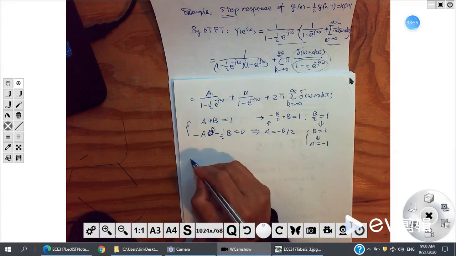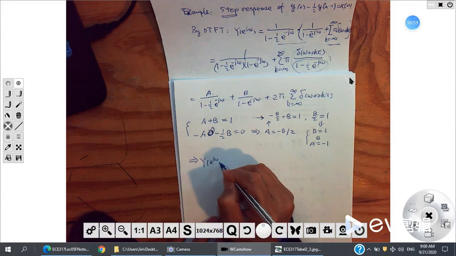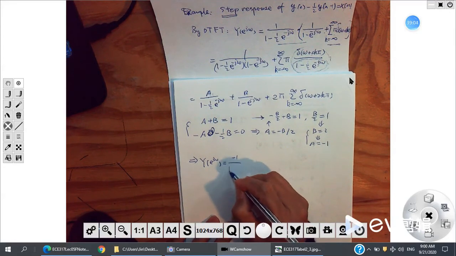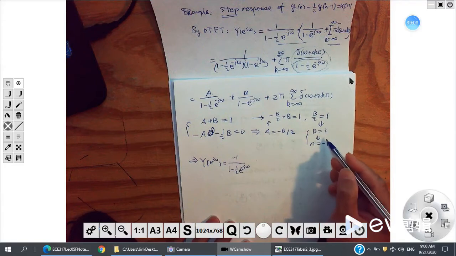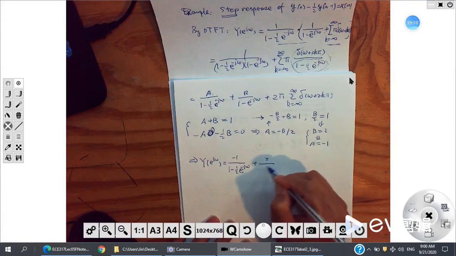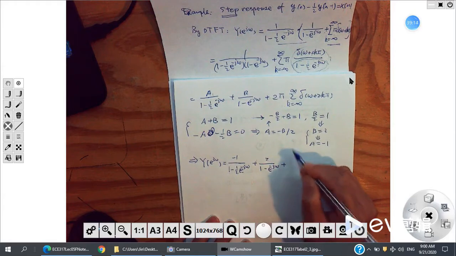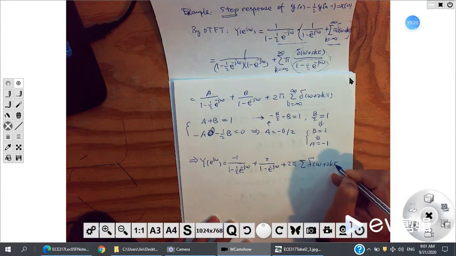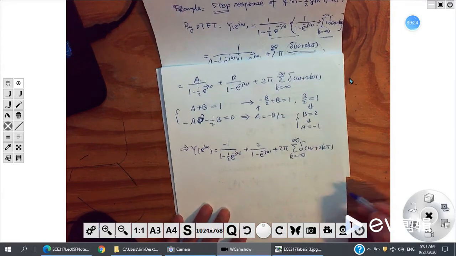Okay, now we have y in the frequency domain. It is a is negative 1 minus 1/2 e to the negative j omega, and b is 2 over 1 minus e to negative j omega, plus 2 pi summation of those parts. Alright, you see, what is this?